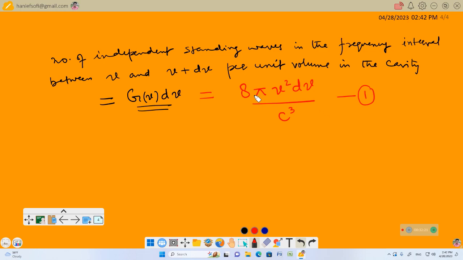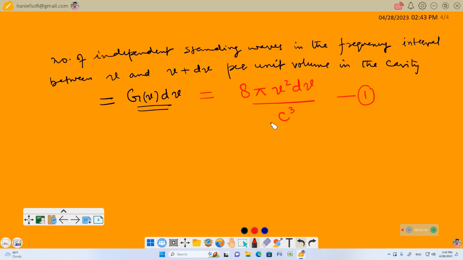Nu is frequency, 8 pi is constant, c is the speed of light in vacuum, right? We are not deriving this formula for g nu d nu in this lecture because it is not required. You can go through any book, this derivation is available.